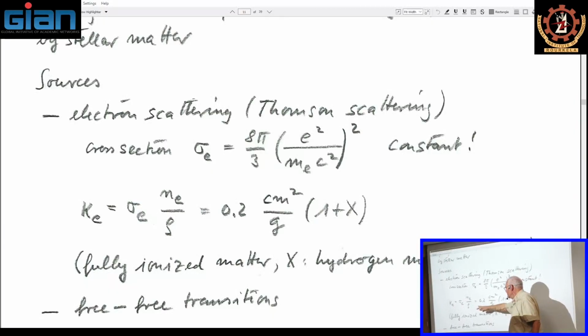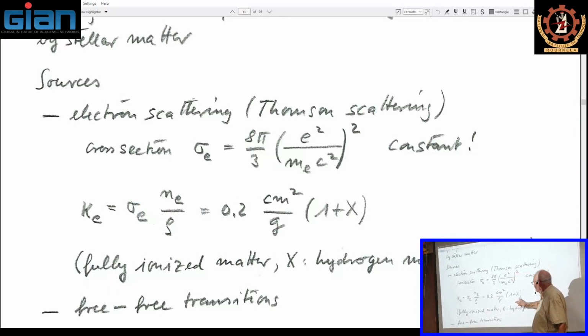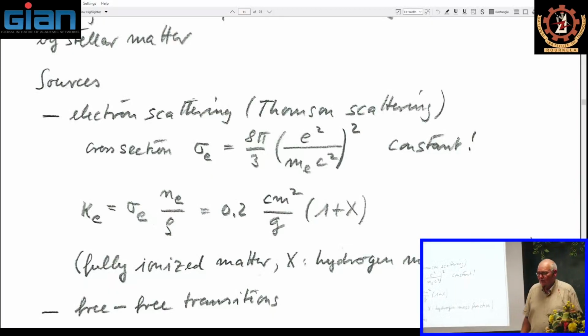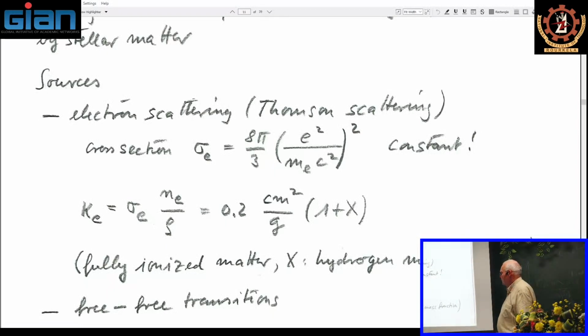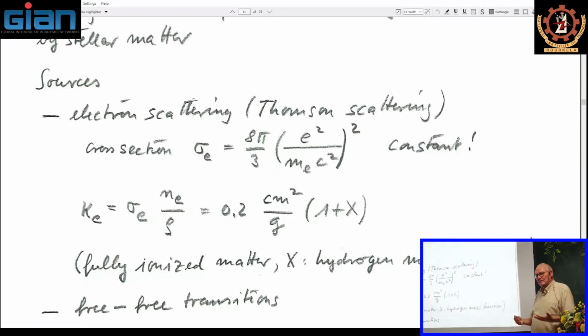So the number density of the electrons over the density is then given by the mass fraction of the hydrogen only, which accounts for, well, usually in symmetric nuclear matter we have one neutron per proton.